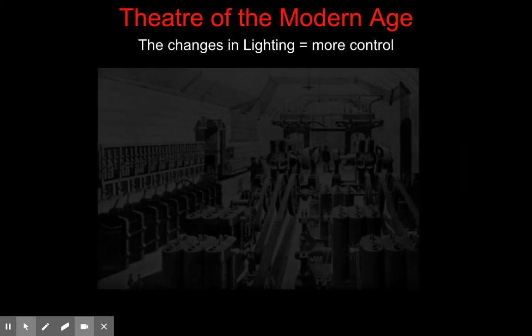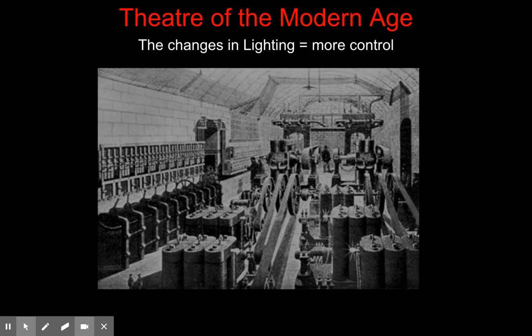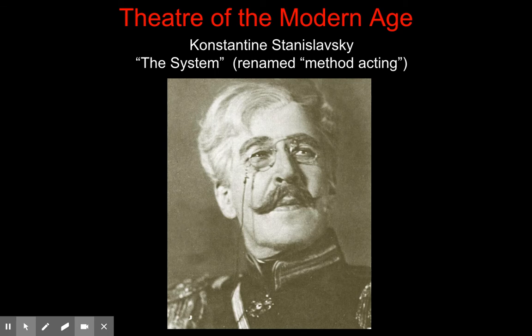So theaters began to have full-sized generator rooms placed at the back of the theater to power all the lights used within the production. This is one of the first theatrical generator rooms in Boston in the United States. All right.